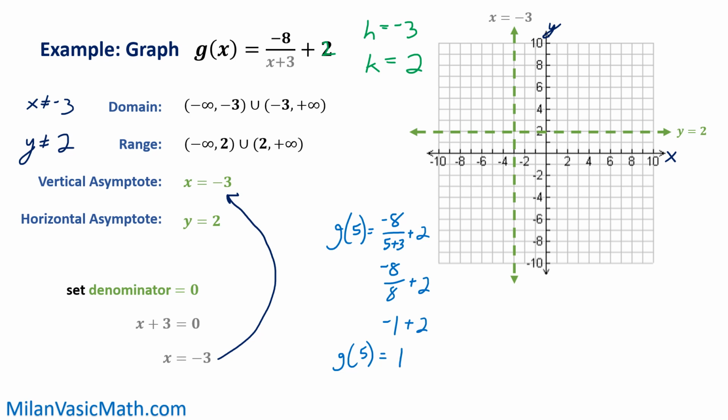And we could plot that point and try to pick numbers that will help you divide by something simple. For example, if you substituted 1, you would be dividing by 4. -8 divided by 4 works really well.